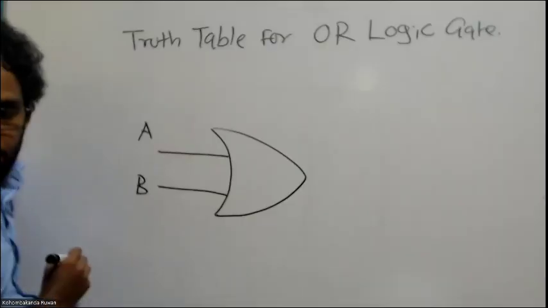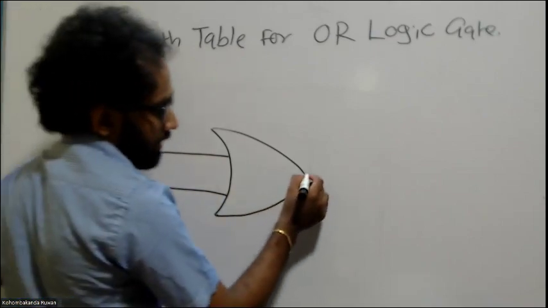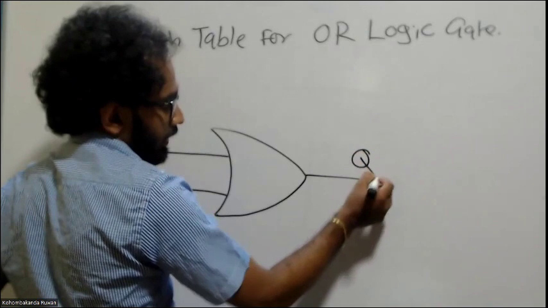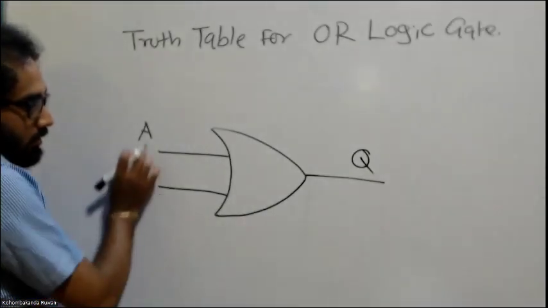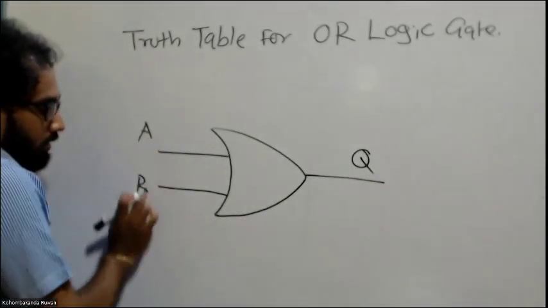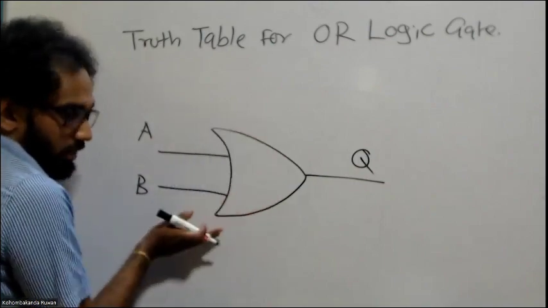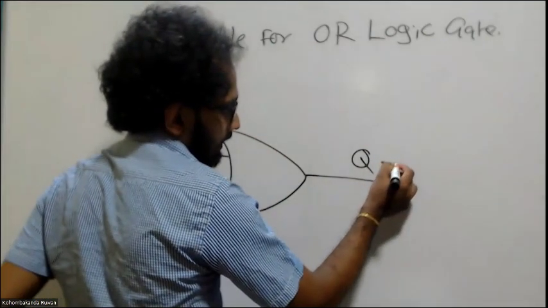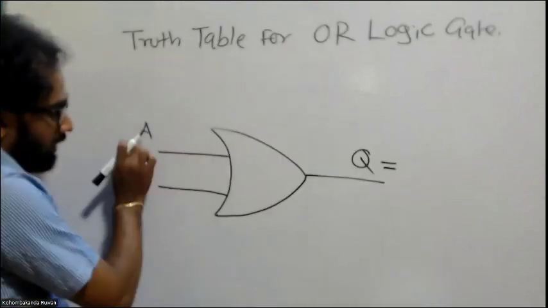That is A, B, and there is an output here. The output is Q. There are two inputs, one is A, one is B. This is the shape of the logic gate. Then the output will be like this.